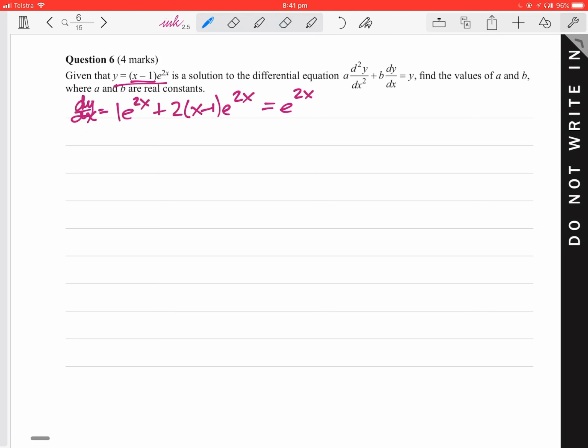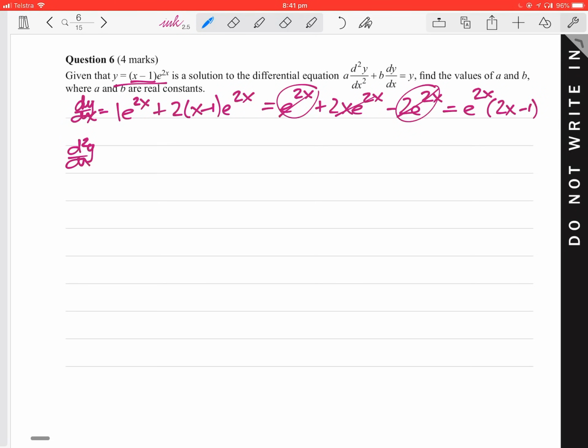So I get e to the 2x plus 2x e to the 2x minus 2e to the 2x. Okay, so I'm going to get minus e to the 2x. So I can take out e to the 2x, and I'm going to get 2x minus 1, because that and that give me negative e to the 2x. So yeah, that makes sense.